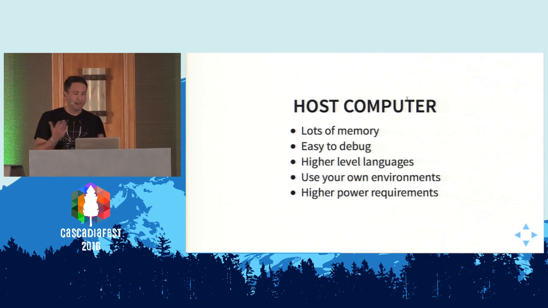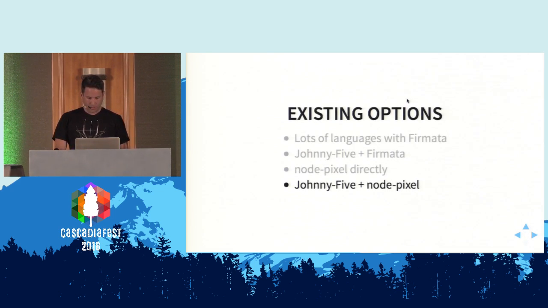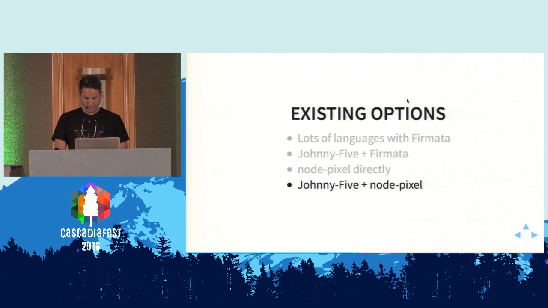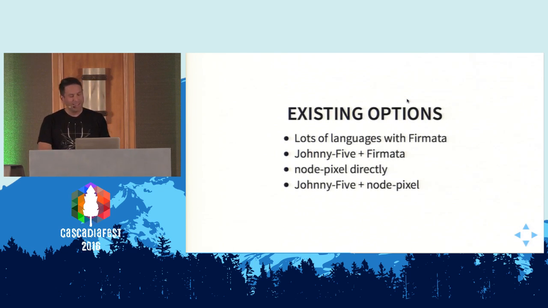But trade-off, you have more components. It's a little bit more complex to get set up, and a higher power requirement because now you have 2 processors involved. Sorry, skipped ahead. So the options for host computer, almost everybody nowadays for this type of thing uses Firmata if you're going to have a host computer communicating with it.